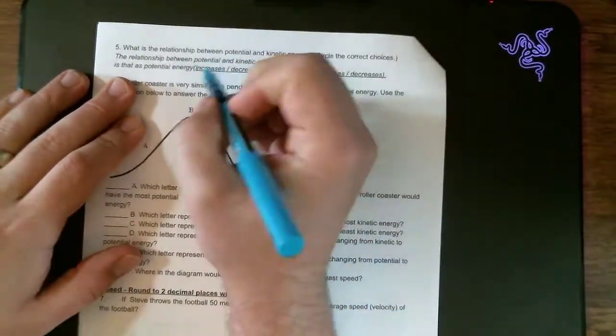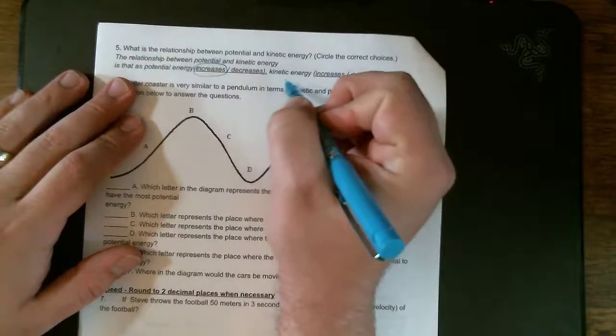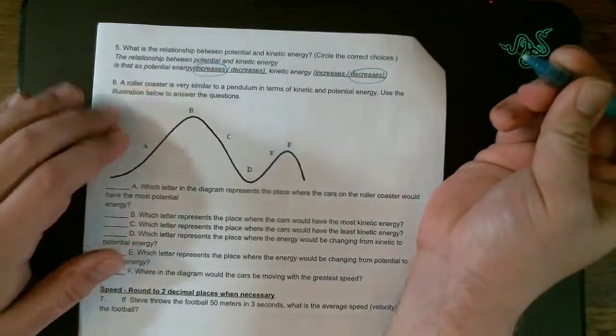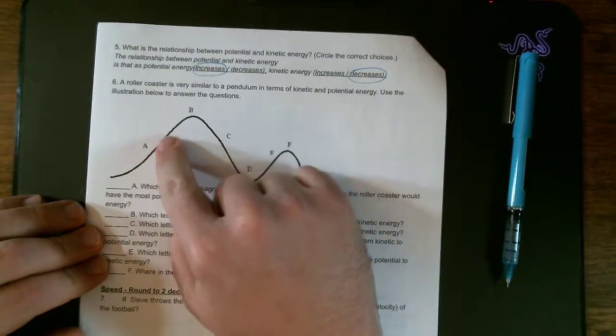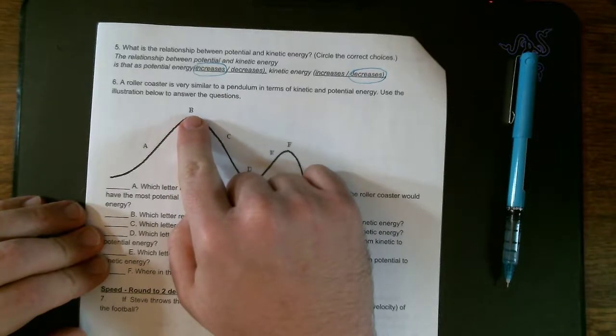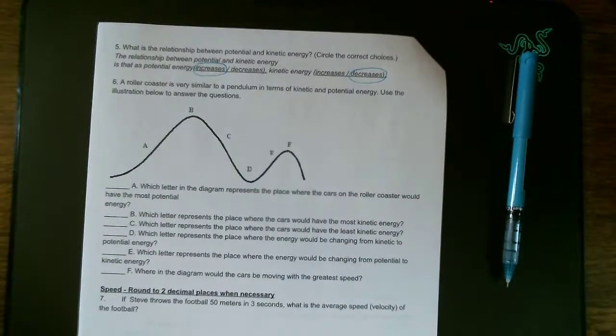If your potential energy is increasing, that means that your kinetic energy is decreasing. Okay, so as we go up a hill like this, we're building up potential energy, but we're losing some kinetic energy because we're going to kind of stop right here at the top. Now the opposite is true as well.